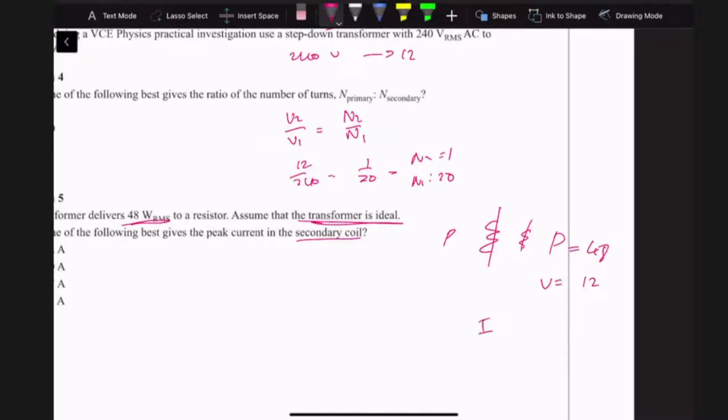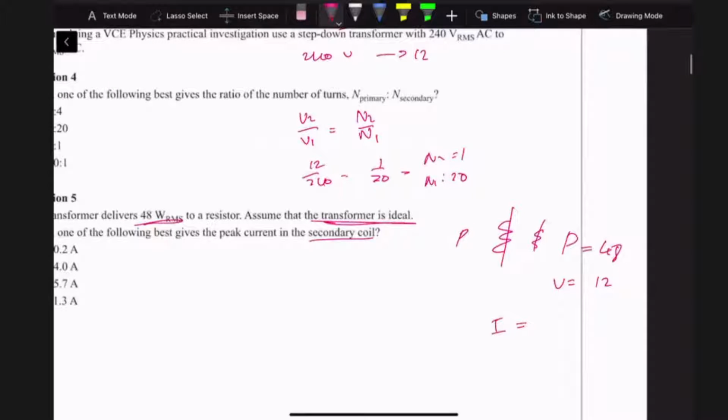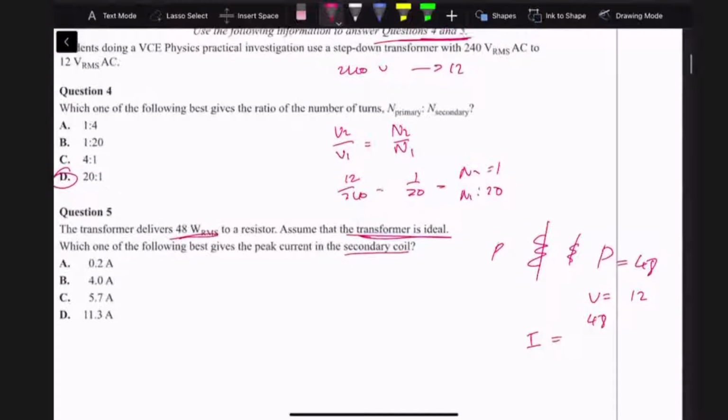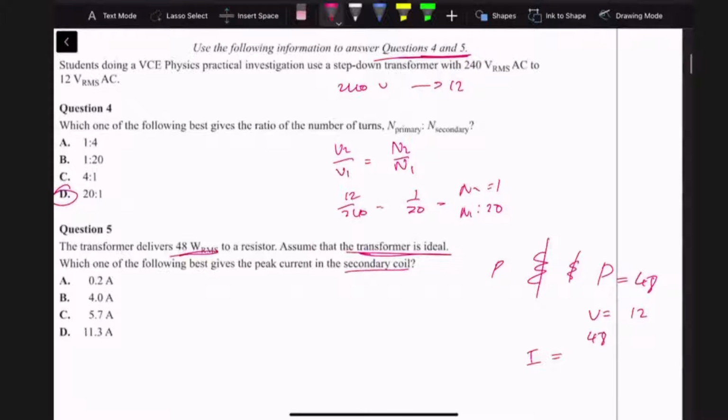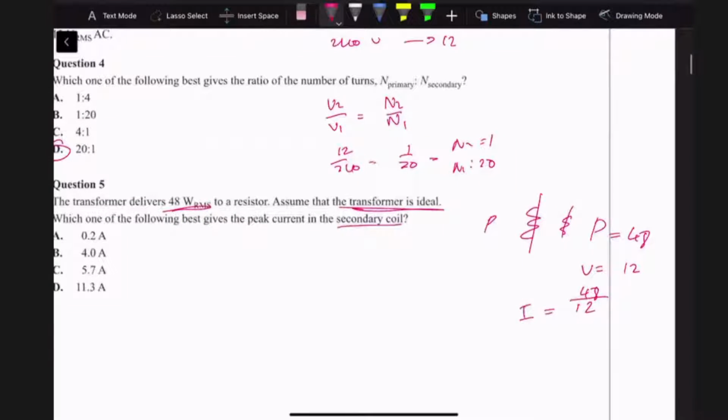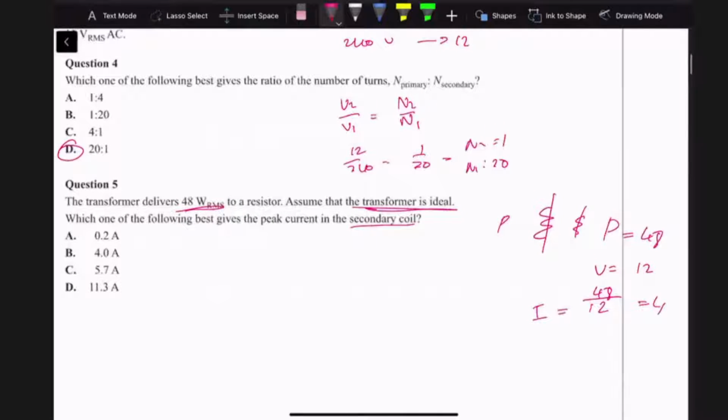So current is going to be power on voltage, which is 12. Oh, sorry, this is 4. And then it's asking for peak current, but we know this is not peak current, so we have to multiply it by root 2, and you should get 5.7.